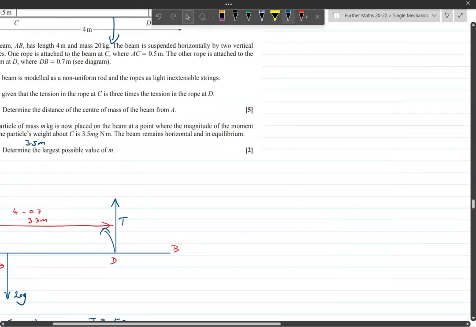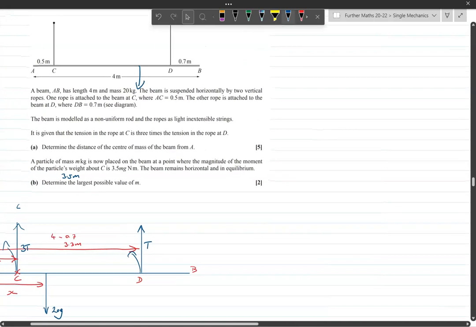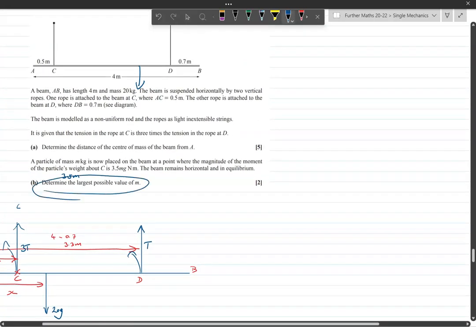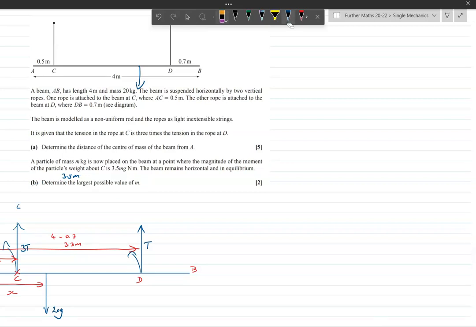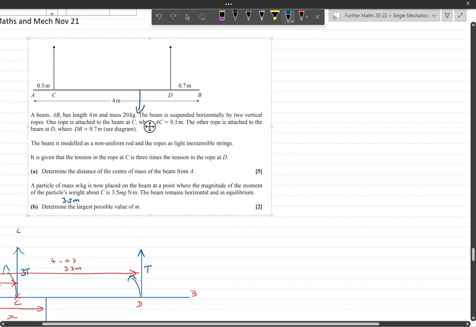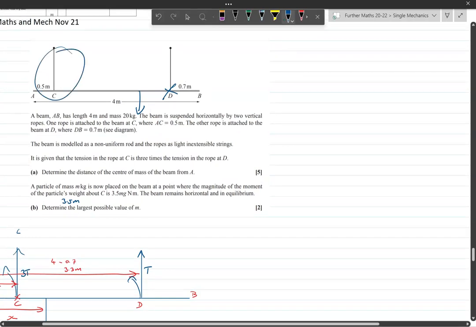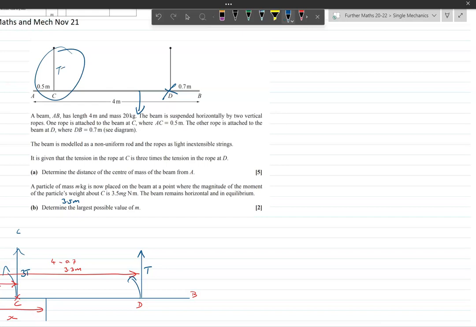Let's just draw it over here, so I've got a bit of space. It talks about the largest possible value of m. So what are we talking about here? Well, if m is too big, it's going to start to rotate. So T is going to be equal to 0 at that point.